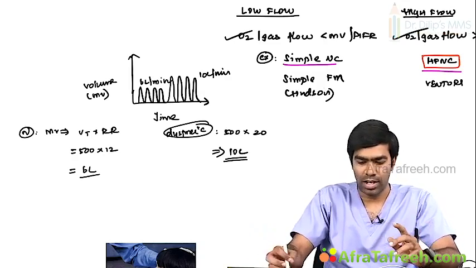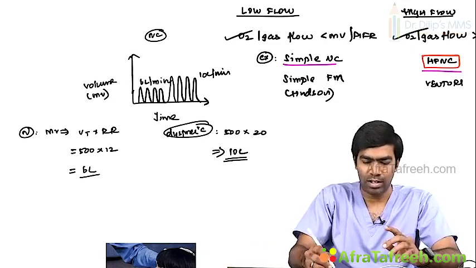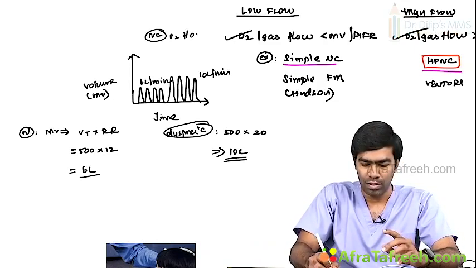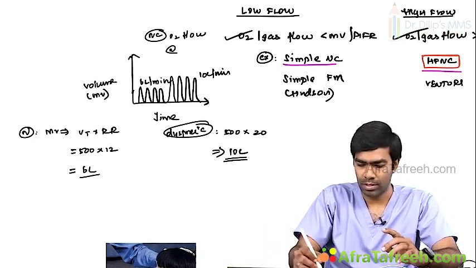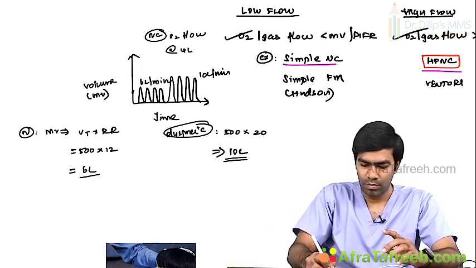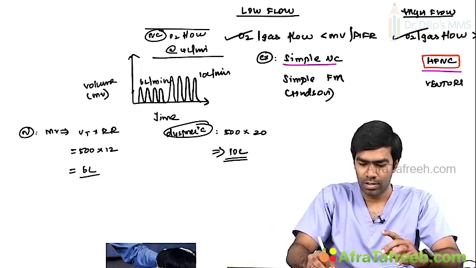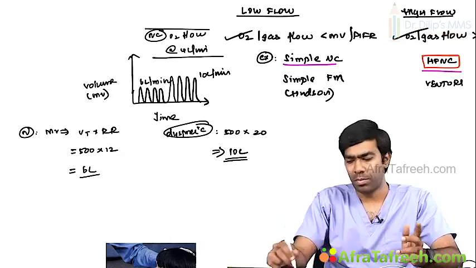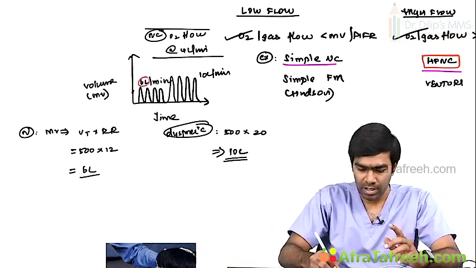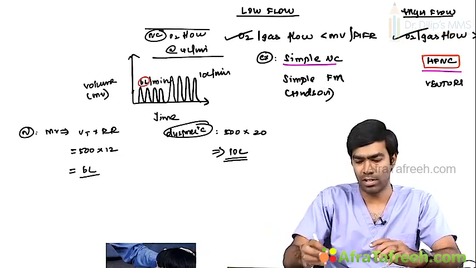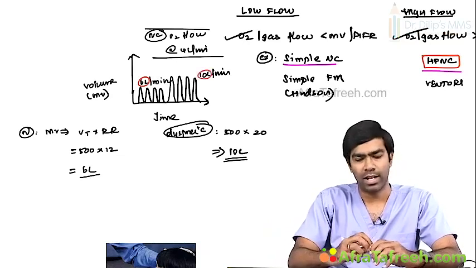Now let me assume I'm receiving nasal cannula oxygen flow, which is happening at the rate of 4 liters per minute. So remember, first of all, my basal demand itself is 6 liters per minute. During dyspnea, now it is 10 liters per minute.